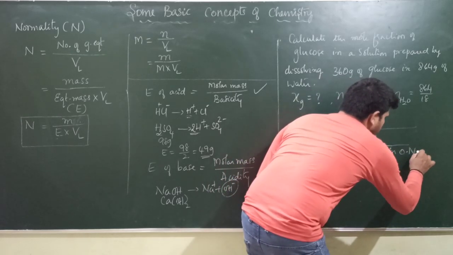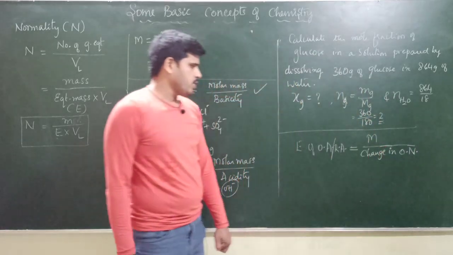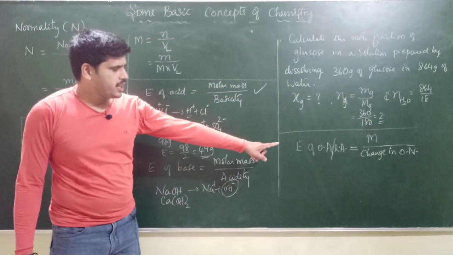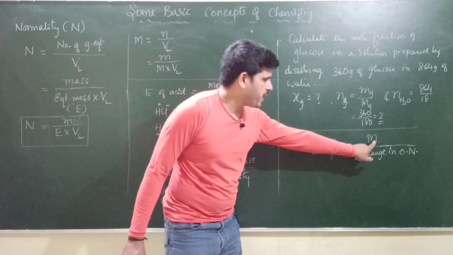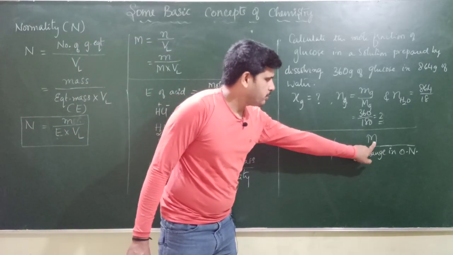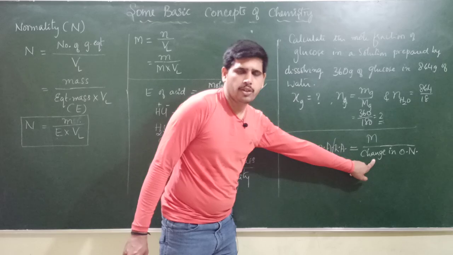So equivalent mass of an oxidizing agent or reducing agent can be calculated by considering molar mass and change in oxidation number.